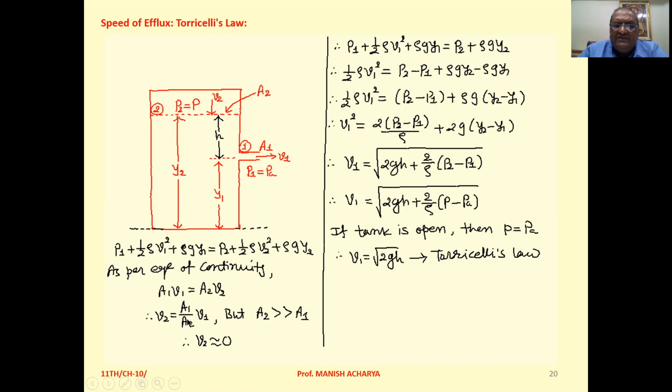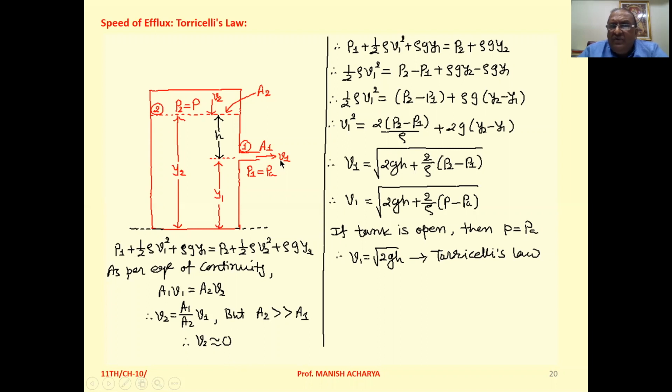So V2 is A1 upon A2 into V1. But this A2 is much larger compared to A1, so this ratio is very small. In that case, you can consider V2 nearly equal to 0.